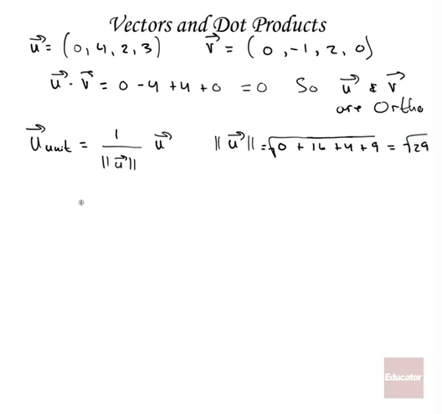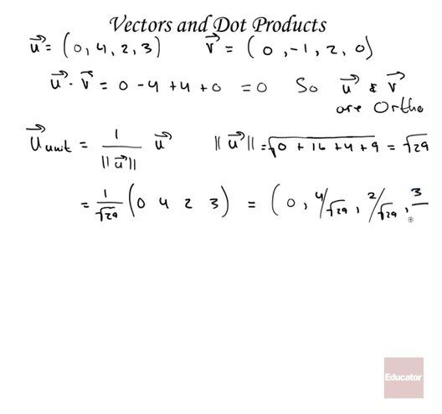Therefore, our unit vector is 1 over radical 29 times 0, 4, 2, 3. It's equal to 0, 4 over radical 29, 2 over radical 29, and 3 over radical 29.